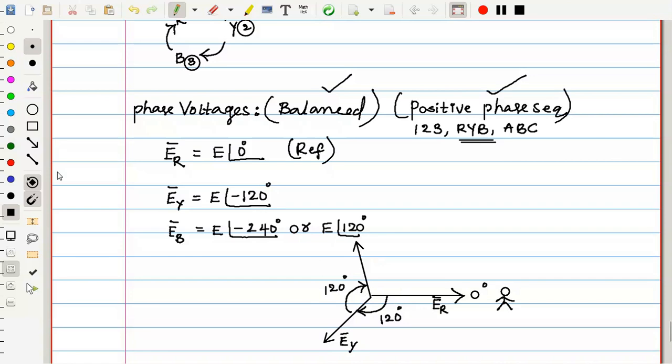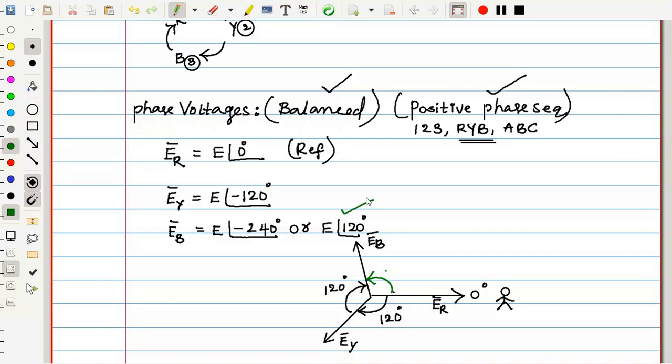Is this clear? So this is the B phase, EB. Now, where is EB existing? If you move clockwise, that should be negative. So how much is the angle? 240. If you move anti-clockwise, how much is the angle? 120. Anti-clockwise is plus 120, so that's why we can write this as plus 120.